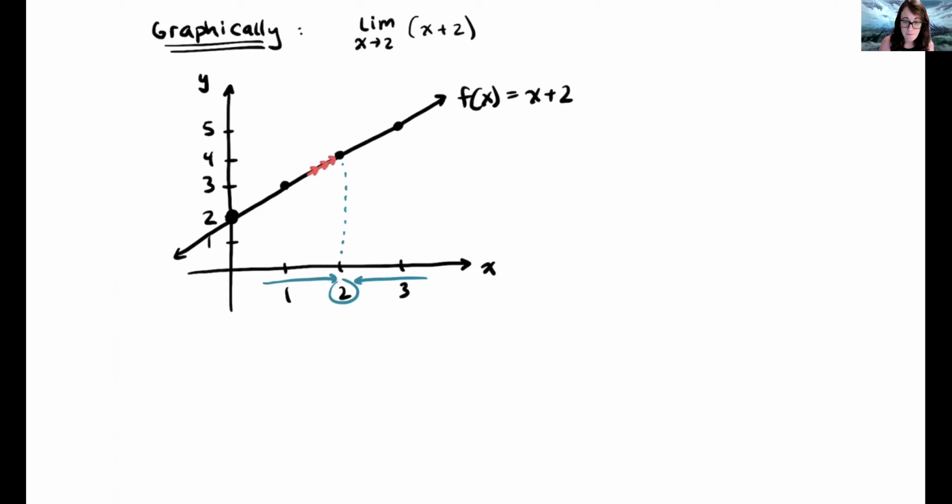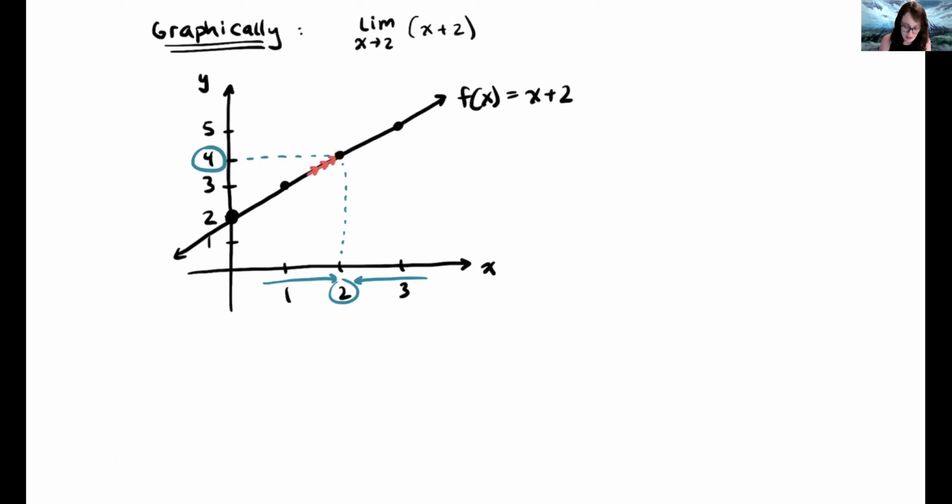They're getting a little bit bigger and bigger and bigger as we approach 2, as we approach this point right here. And of course, the y values are heading towards 4. And we saw that in the chart as well with the numerical method, right? So this is what's happening. This should be the limit of 4.